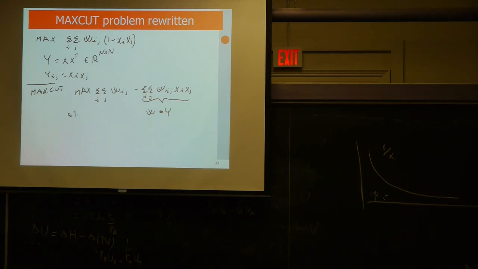And our constraints are that xj is in this set and Y is x times x transpose. So one observation we can make is that I can rewrite this constraint, this one, just saying that Yjj is 1.